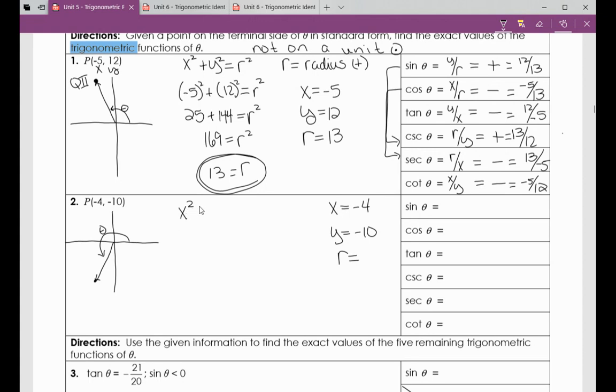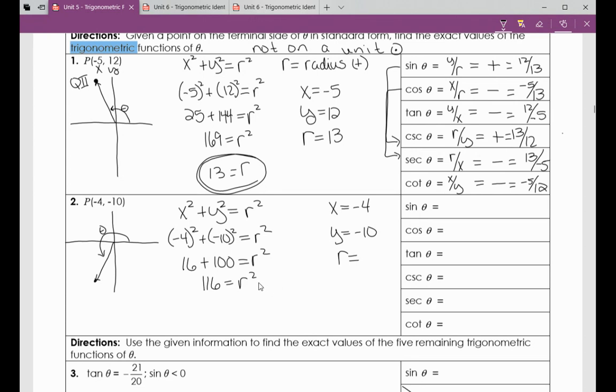So I'm going to use x squared plus y squared equals r squared. So that's -4 squared plus -10 squared equals r squared. 16 plus 100 equals r squared when you square both of those numbers. So 116 equals r squared.